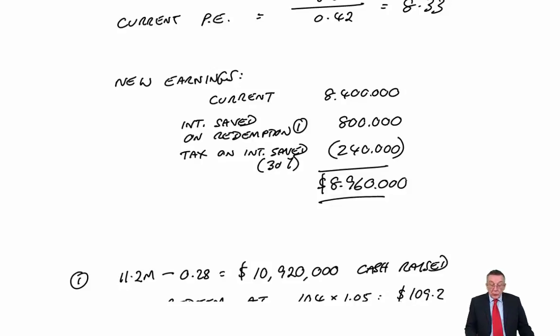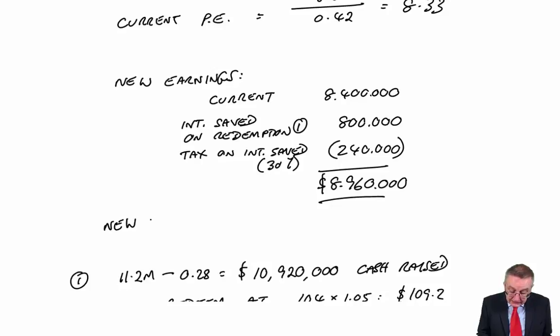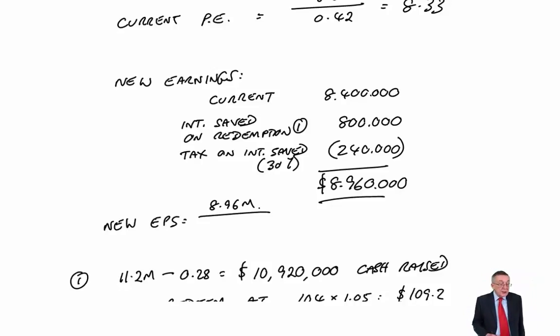And therefore, the new earnings per share: total earnings 8.96 million. How many shares are in issue? I think we worked out earlier, but anyway, at the moment, nominal value 10 million, 50-cent shares.